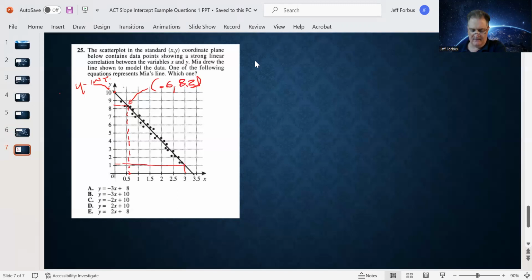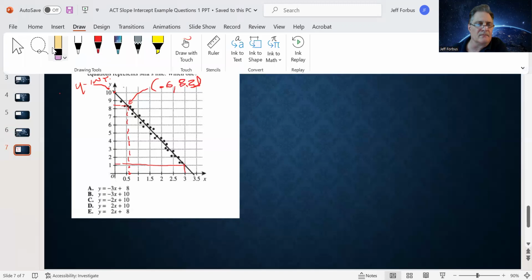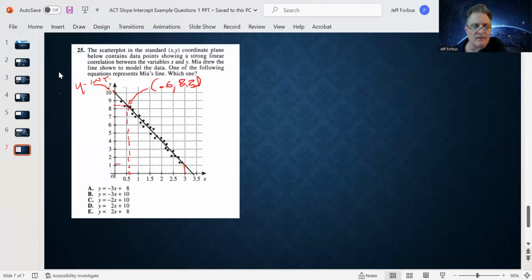So now we have 3 and 1's 1. Oh, that's not a point. Sorry, guys, I apologize. That's not a point. I couldn't see it well with my glasses. Let me look closer.